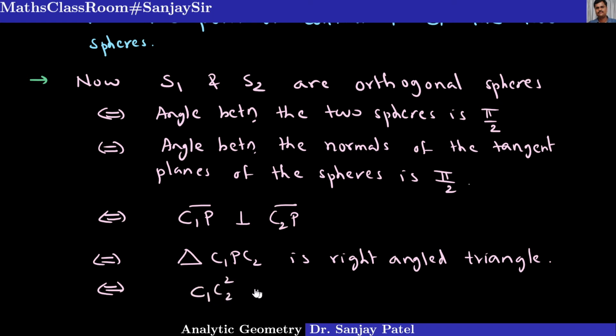So this is true if and only if C1C2 square is equal to C1P square plus C2P square.